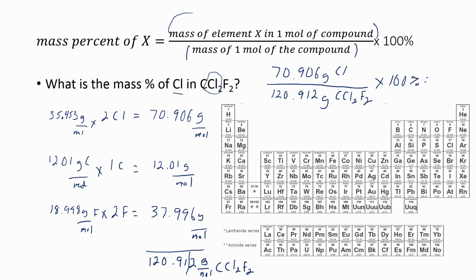Times 100%: 70.906 divided by 120.912 times 100 to get it into percentage, and we're looking at 58.64% chlorine. And we're rounding to 4 sig figs because this bottom number, the way we calculate it, didn't really have a tenth, hundredth, thousandth place for the grams.